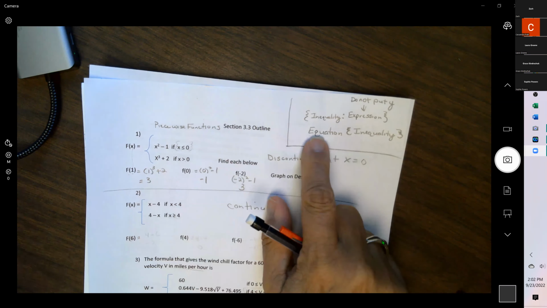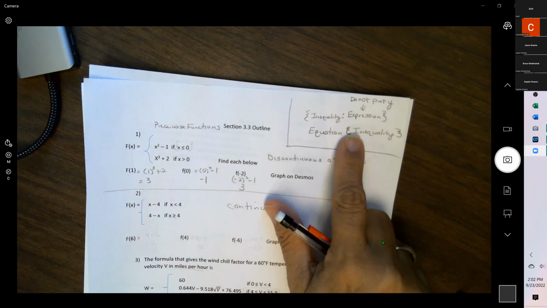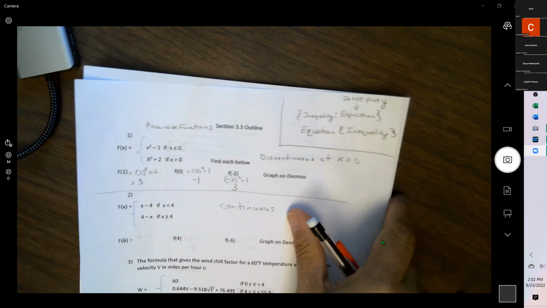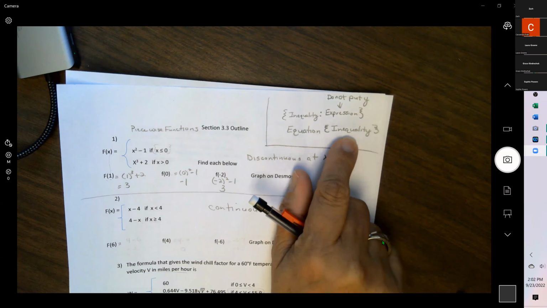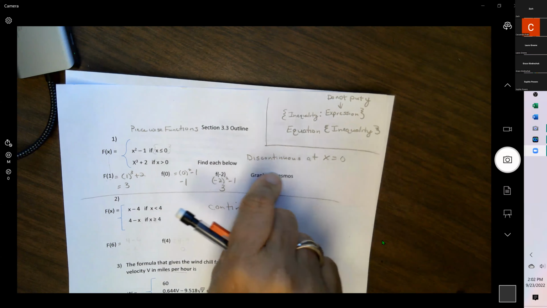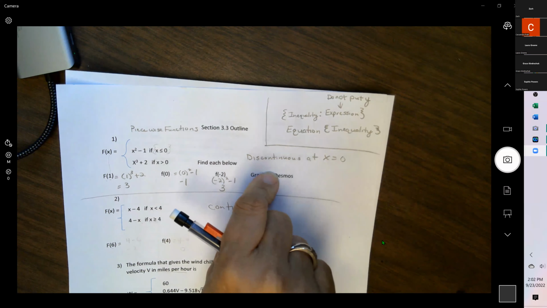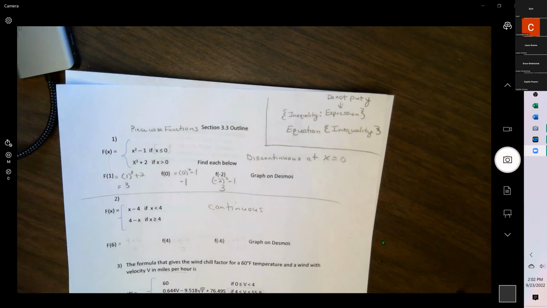Where this one, you put the equation and then you only put the inequality part inside the script parentheses. And script parentheses are next to most computer keyboards. It's next to the P, to the right of it. You hit shift to get them.